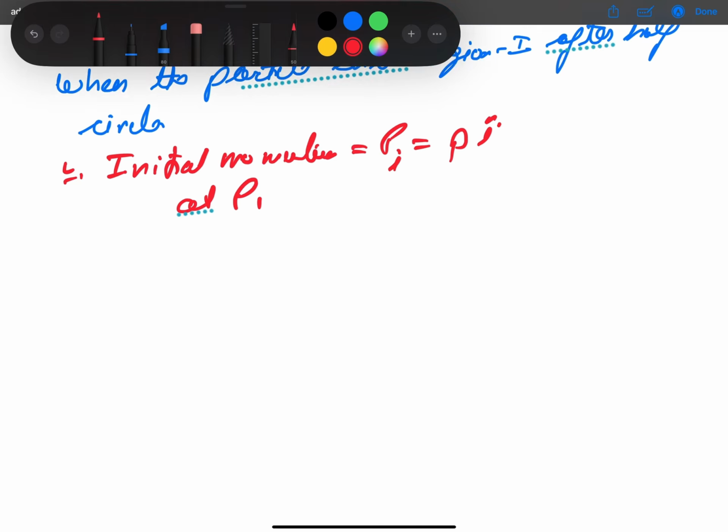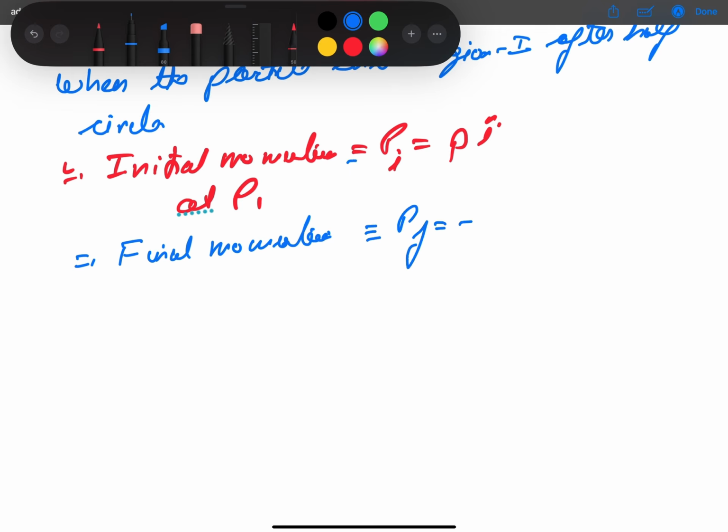and the final momentum, let us call that Pf, which will be equal to minus of Pi, because now it is going to complete half circle and come back into its region.